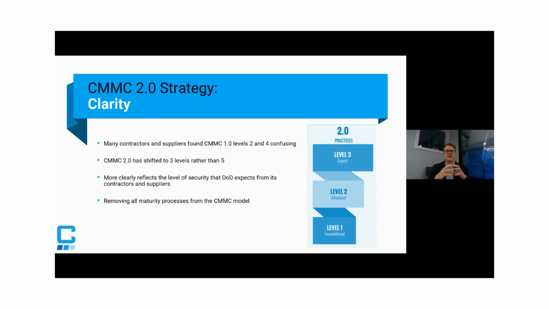And that FCI is really information that's not intended for public consumption, and it's more provided by or generated for the government under the contract. So the contract information, the schematics, the idea of what the actual contract might be would be considered FCI. And it could be anything to develop or deliver a product or service to the government. And so that's really FCI.